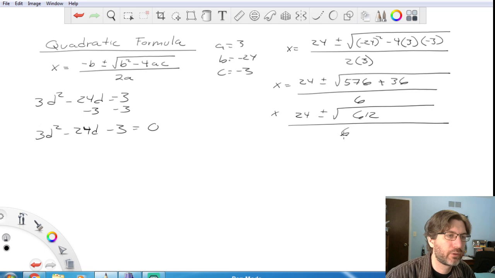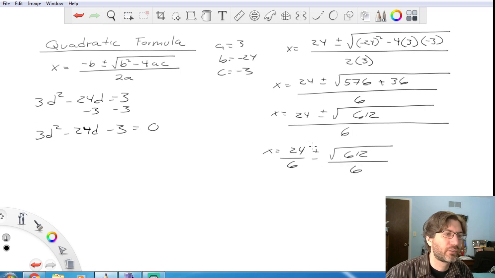I guess I should just rewrite it so you can see it. Equals 24 over 6 plus or minus the square root of 612 over 6. In this case, you can simplify the 24 over 6. So x equals, is it 4 plus or minus the square root of 612 over 6.